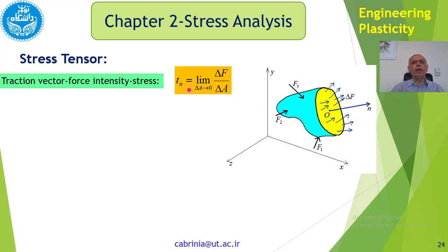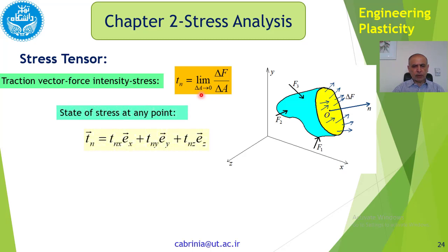Okay, so that's a stress. And we showed before that Tn is equal to the limit of delta F over delta A as delta A tends to 0. Okay, so this is the definition of traction force, traction vector, and also stress. We talked about it earlier.